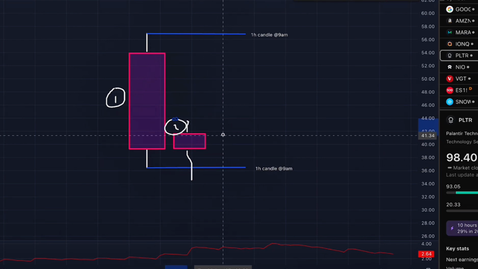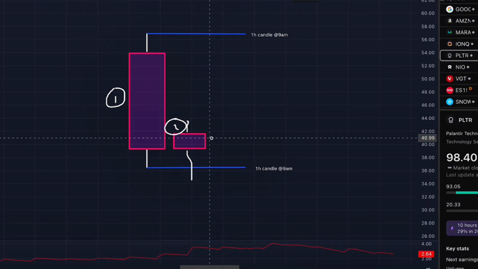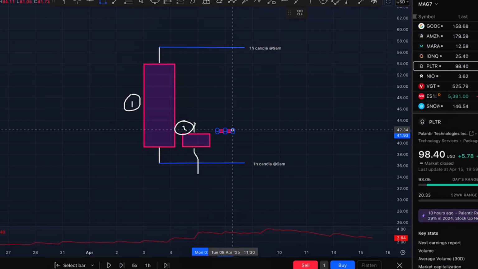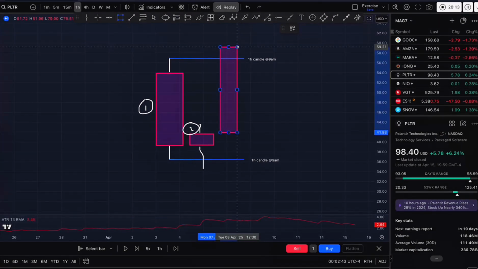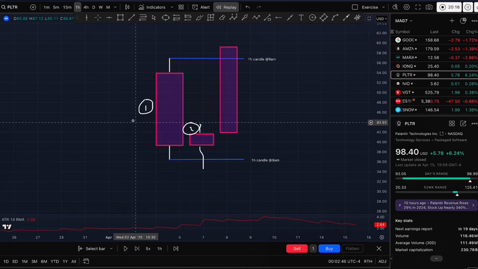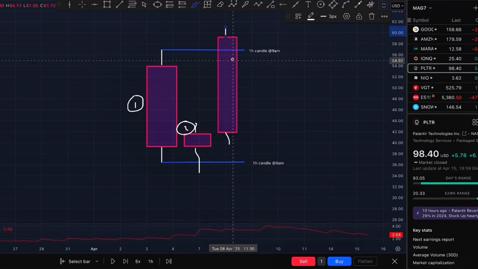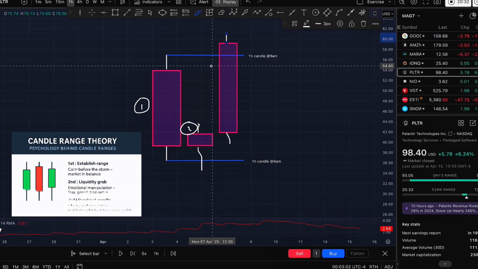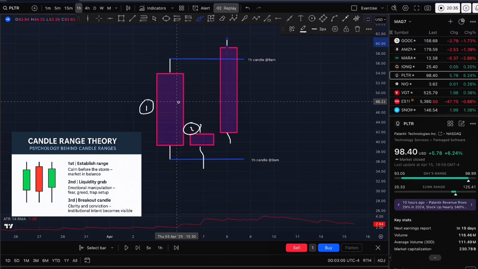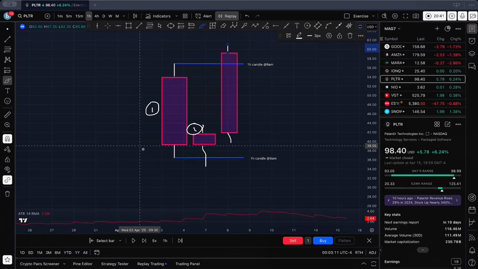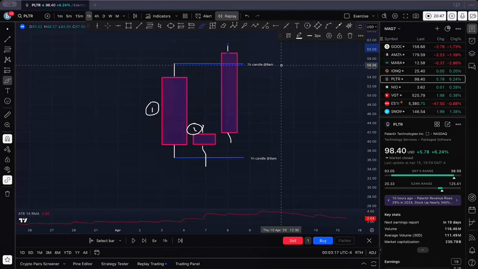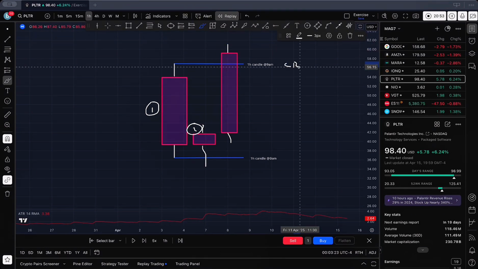Okay, so now let's say that we have a third candle here. And this candle, with its corresponding shadow, just breaks out of this range that we have here, the 1 hour range. As you can see in this structure, this one here is the candle range high, and this one here is the candle range low, right?